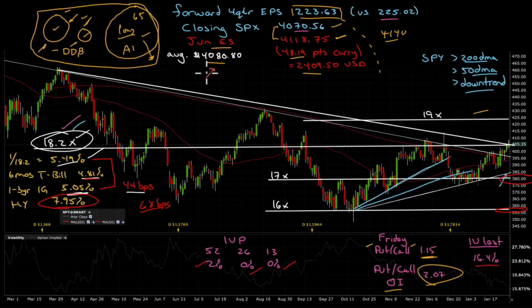Tactical means you're going to move in and out on a more rapid basis. So any short position rarely is a strategic position unless you're a net short hedge fund. Then being short is strategic for you.